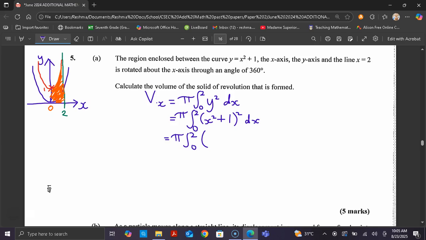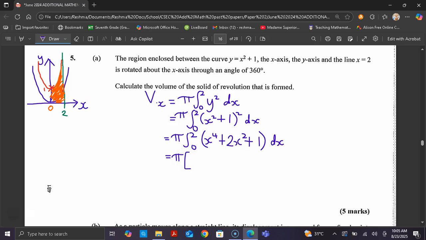So a squared, a will be x squared, so x squared squared will be x to the power 4. 2ab, so that will be 2 by x squared by 1, which will be 2x squared. And then b squared will just be 1 squared, which is 1. So now we have expanded our expression, so now we can integrate. Of course, we keep pi on the outside and we'll just multiply it by it at the end.